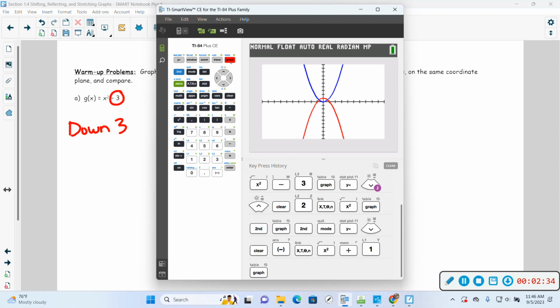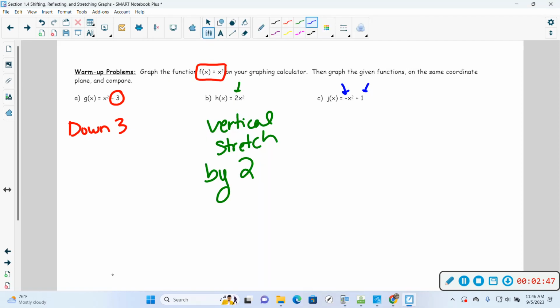Our new function, the red one, has that reflection. Anytime we see a negative, that's a reflection, and let's get specific: we reflected over the x-axis, it flipped. And that plus 1 moved it up 1. These are all things we can tell just from the equation. I knew it was going to be up 1 from the plus 1, and from the negative in front, I knew it was going to reflect over the x-axis.